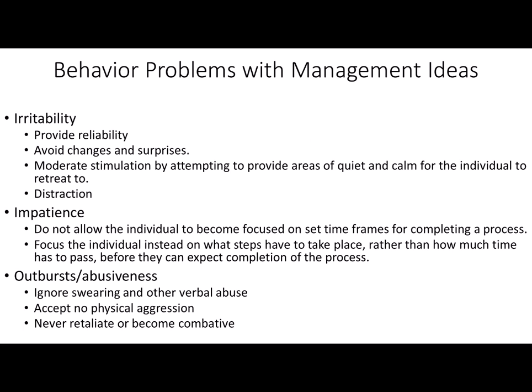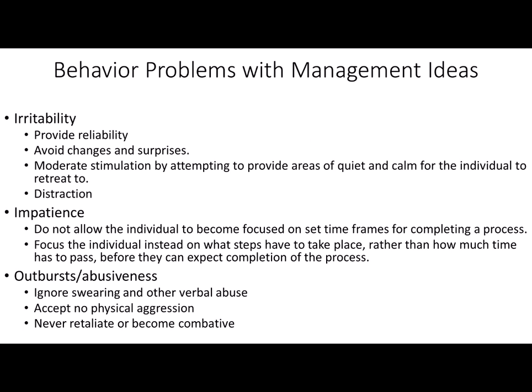Oftentimes, it's a good idea to talk to them and tell them what's going to happen so they know what to expect. And finally, distraction. Distraction works great. As I've said previously, you can leave the room, come right back, or change the topic completely and find a safe area to work in.